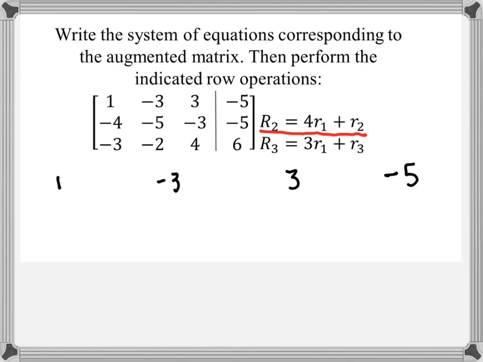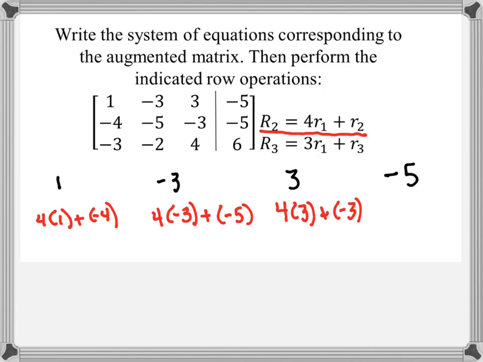So I'm going to write down, going column by column from left to right, 4 times 1 plus negative 4. Then 4 times negative 3 plus negative 5. 4 times 3 plus negative 3. And 4 times negative 5 plus negative 5.